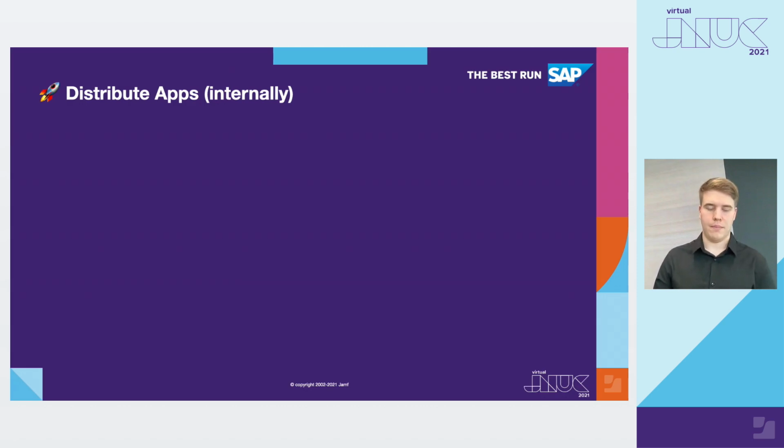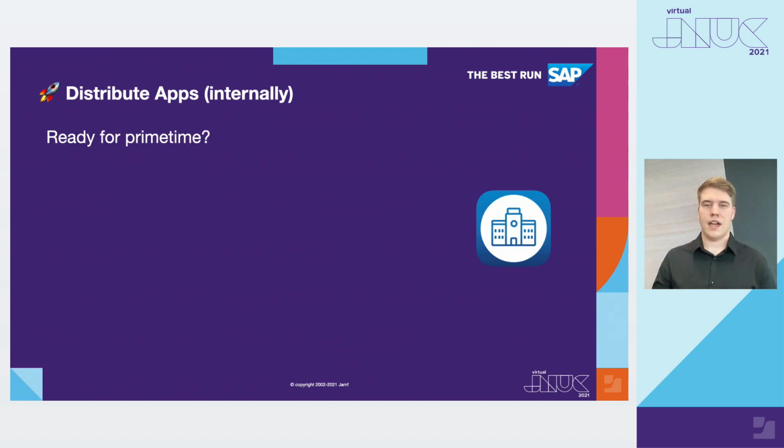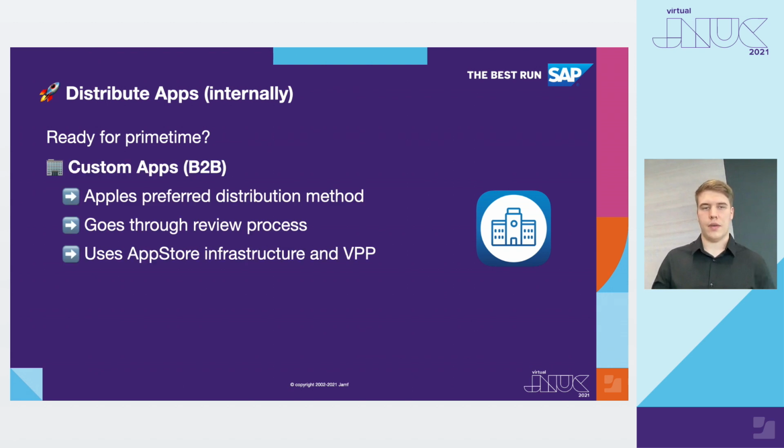Distribute apps internally. Now, with internally, we mean that you have an organization and you're developing an app for this very same organization. And let's say this app now is ready for prime time. You're completely done, your tests look good, and you get the go from the management. The first solution you could use for that would be the custom apps or B2B distribution.